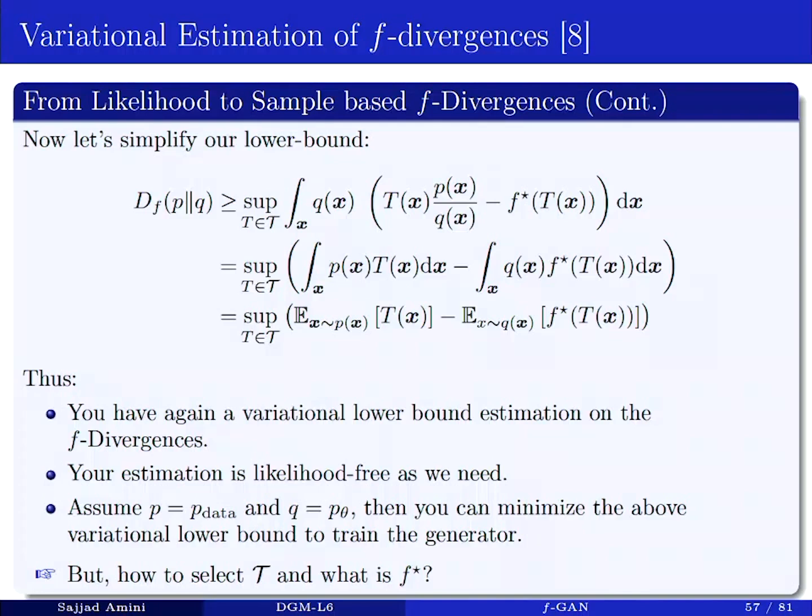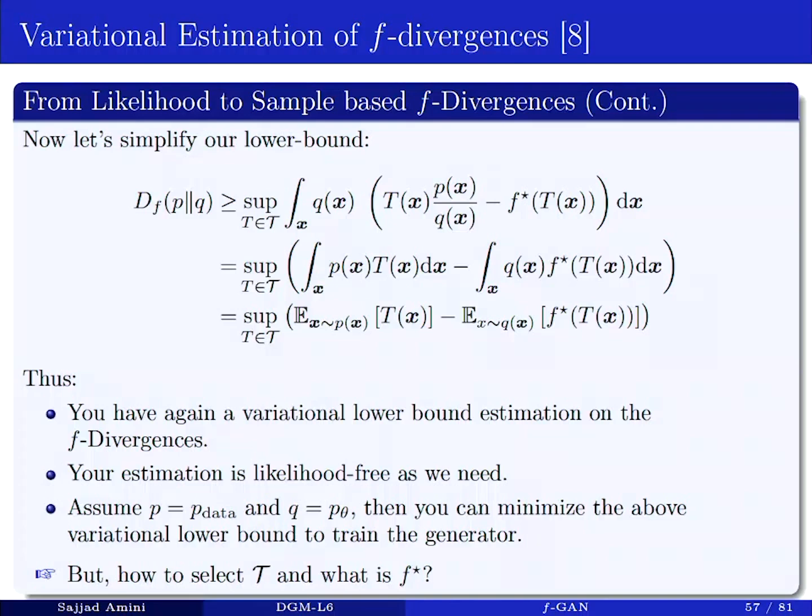What is the property of this lower bound? This lower bound has a very great property that makes it suitable for GAN generation. In GAN generation, you just have access to samples, and this lower bound just needs samples. Is it clear why it only needs samples?